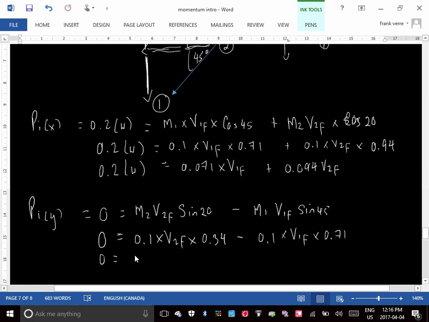So we have 0.034 v2f minus 0.071 v1f. So now we have two equations. We have this equation and we have this equation. I'll call this equation A. I'm going to call this equation B.